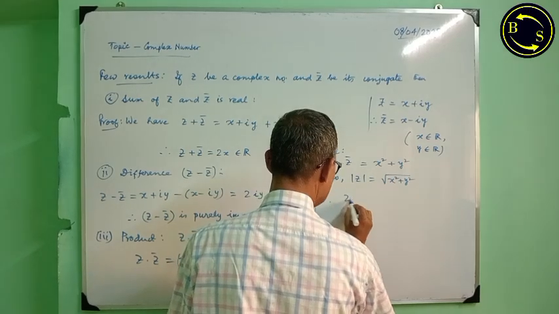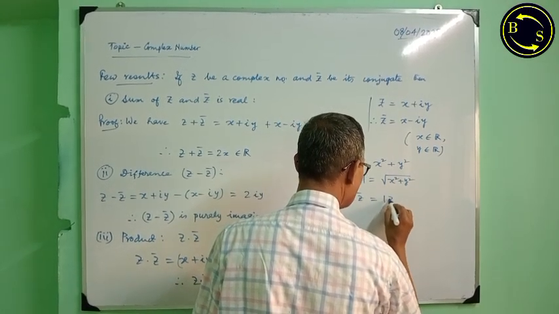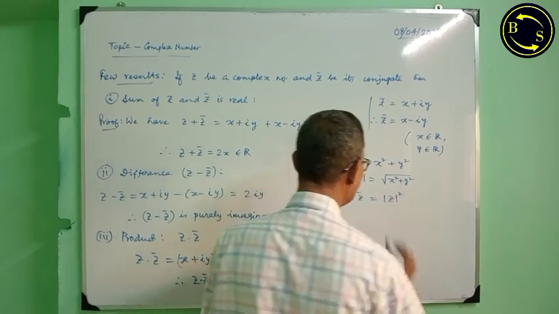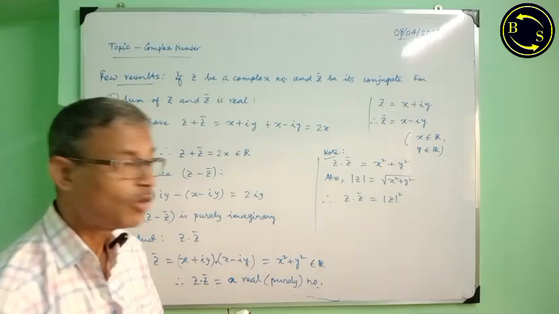Therefore, z into z bar is equal to the square of the modulus.